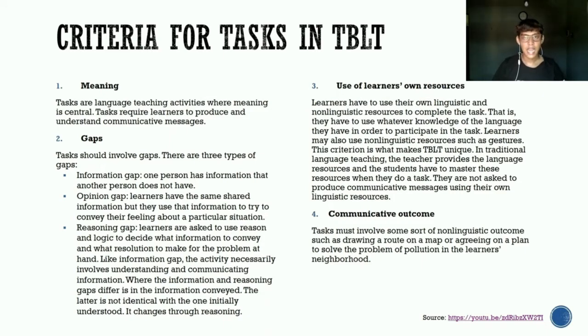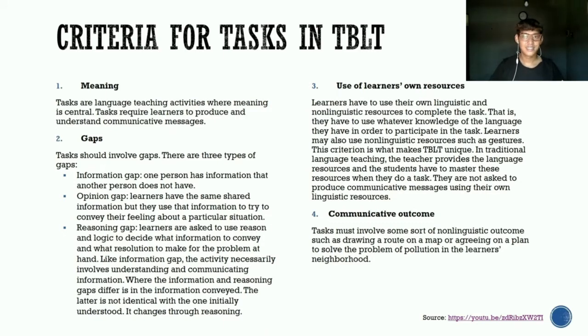There are three types of gaps: information gap, opinion gap, and reasoning gap. All of these gaps work together to make a good task. The third is the use of learners' own resources.